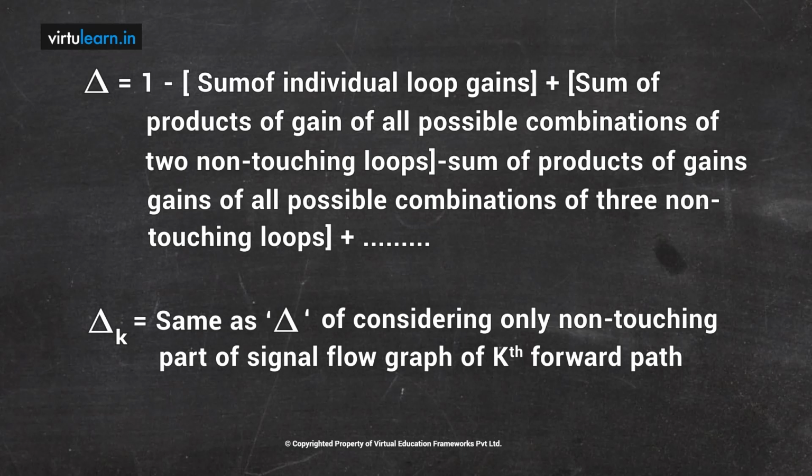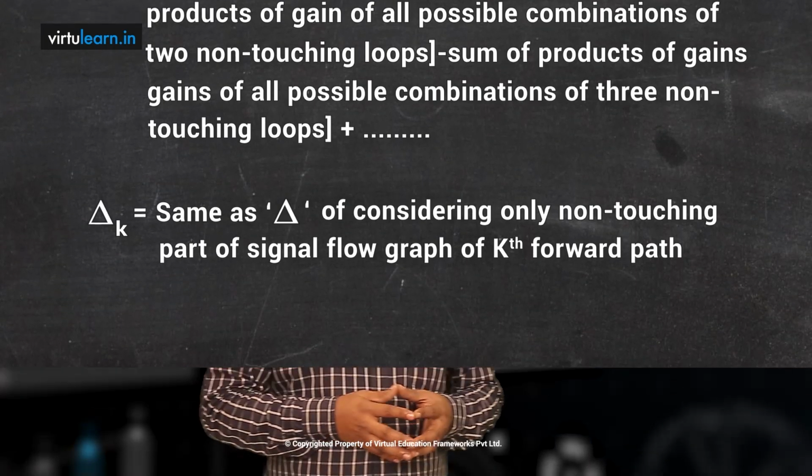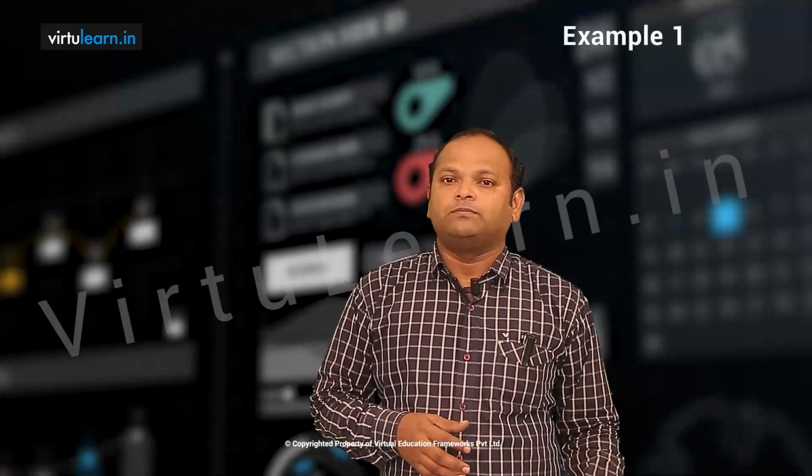We know Pk, delta k and delta, so we substitute all these in the formula to find the transfer function. Here k is the number of forward paths available in a given signal flow graph. To understand this, let us take one example.